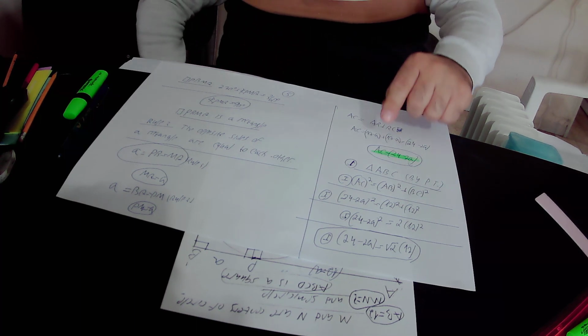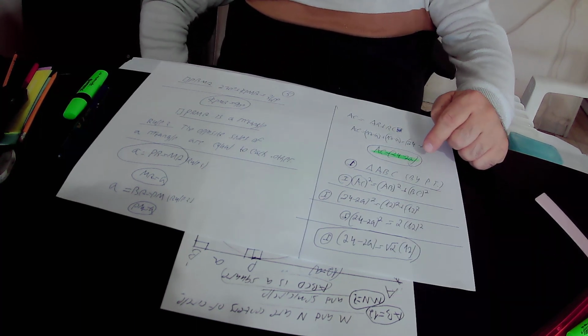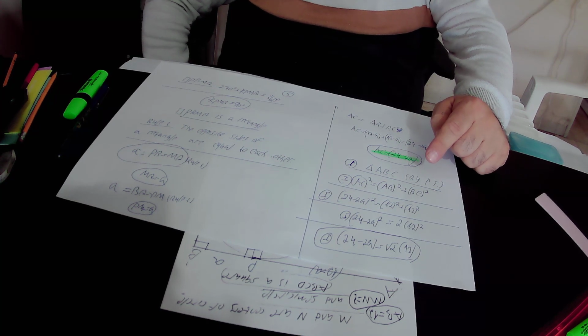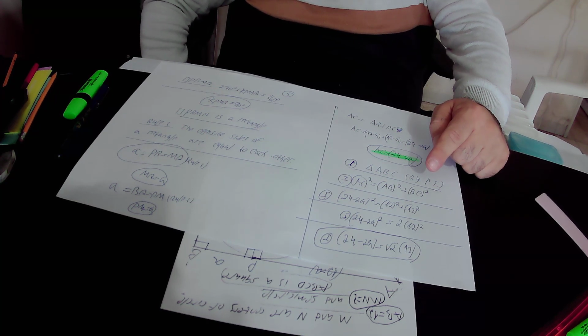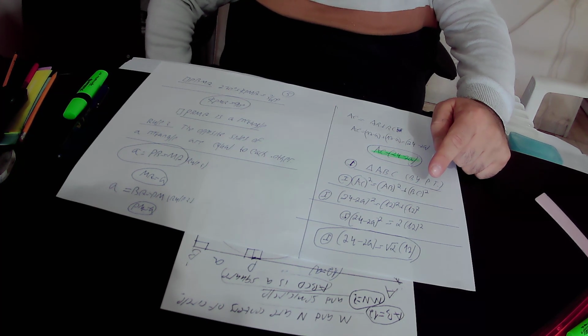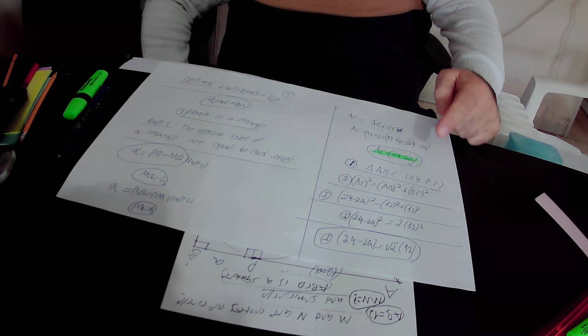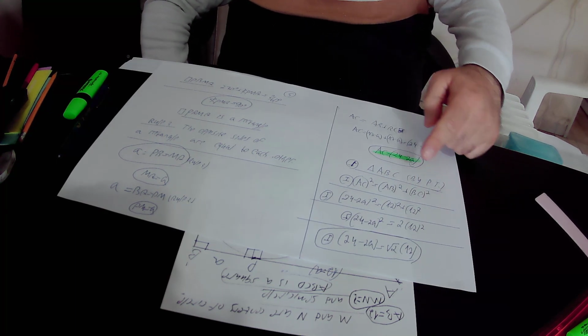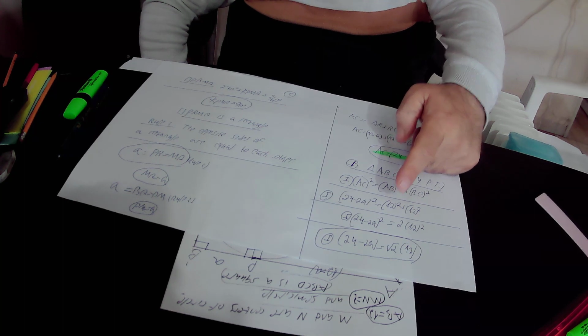Here AC equals 24 minus 2A, so AC square will be equal to (24 minus 2A) square, and it equals AB square, that is 12 square, plus BC square, that is also 12 square. So 12 square plus 12 square is 2 times 12 square, and it equals (24 minus 2A) square.